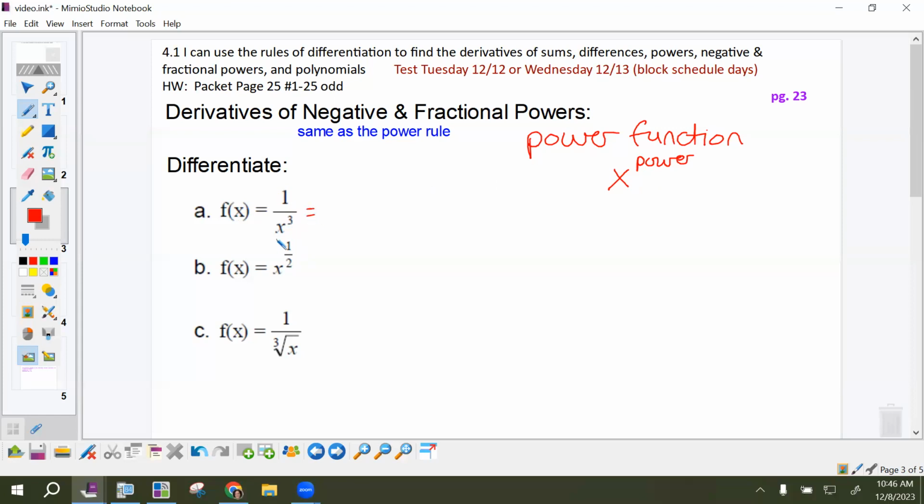To move this term out of the denominator, we make the power negative. Now we can say the derivative is negative 3 comes to the front, subtract 1. Then I have to fix the way that looks. A negative power moves back to the denominator. And so our derivative is negative 3 divided by x to the 4th.